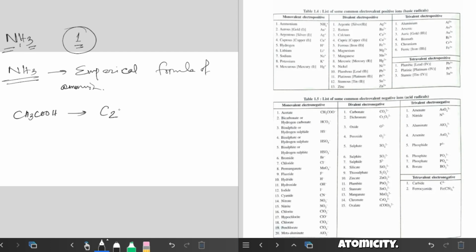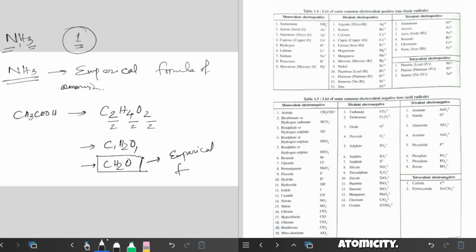C2H4O2. Now you see the HCF will be 2, right? So what will be the answer here? C1H2O1. That means CH2O. So this is the empirical formula of acetic acid.